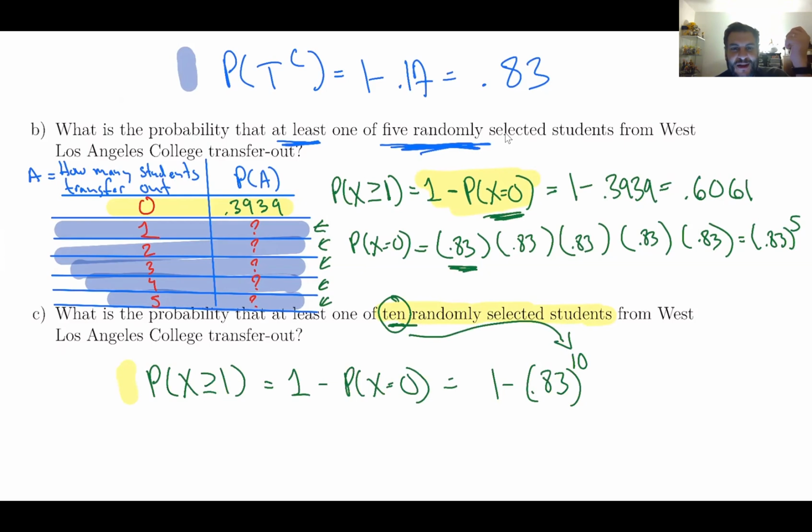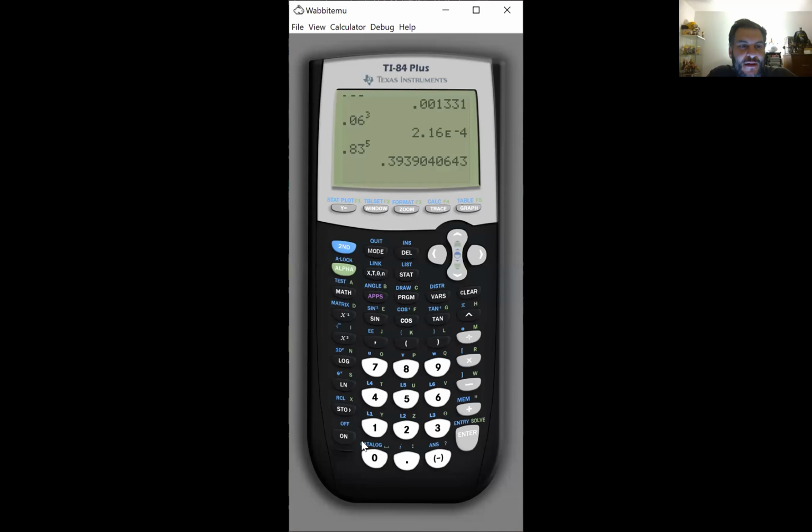All right, so let's go ahead and just figure this out. Let me transfer back to my calculator so that you can see how I punch it in. So we can say 1 minus 0.83 all to the 10 power.